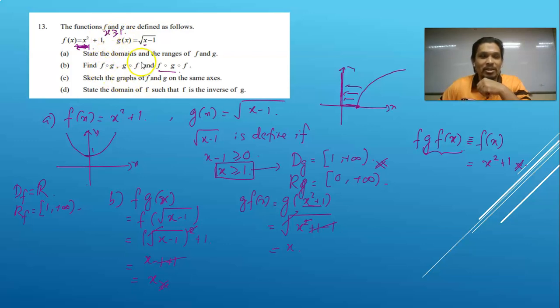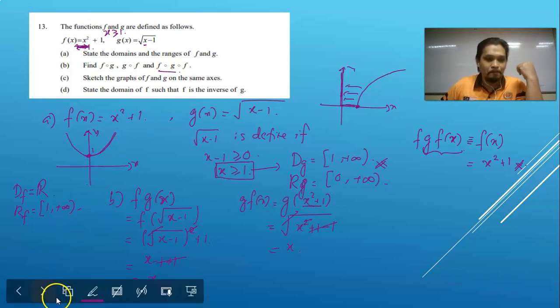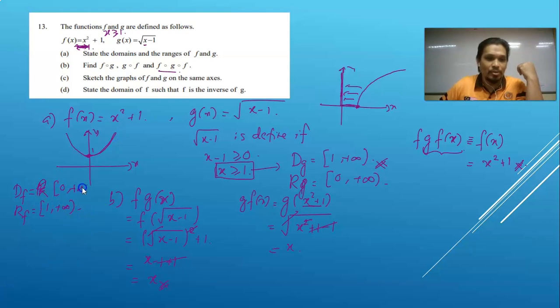Because there is a relation between this and this, it cannot be something like this here. Compare this one with this square root function. So actually it is supposedly somewhere around here. I changed this one to 0 to positive infinity.